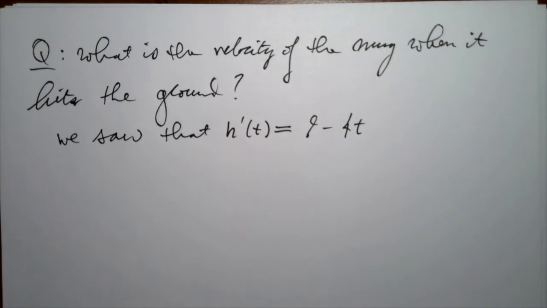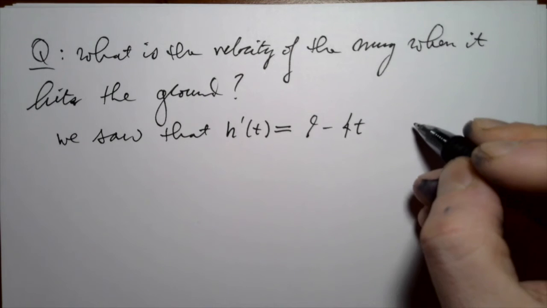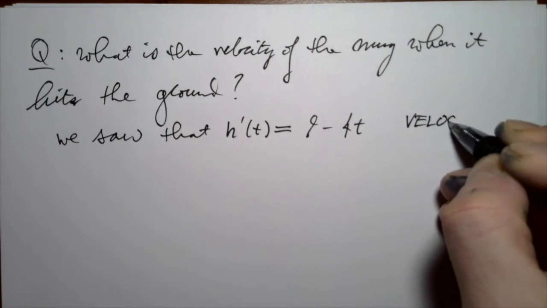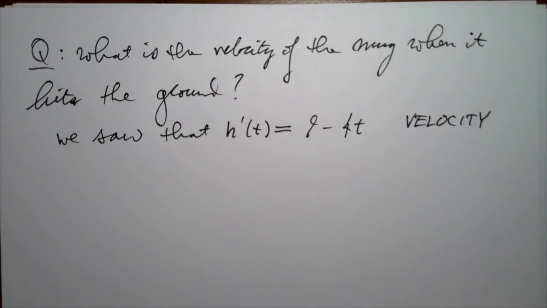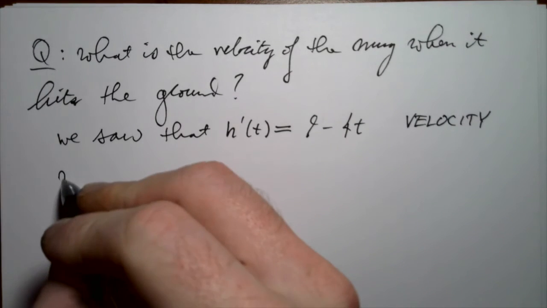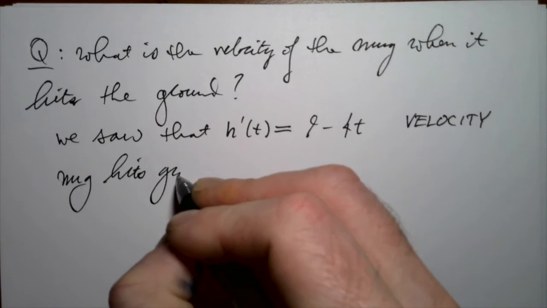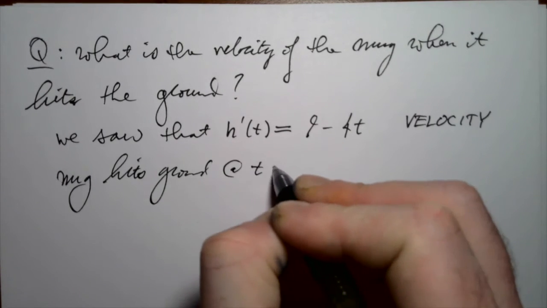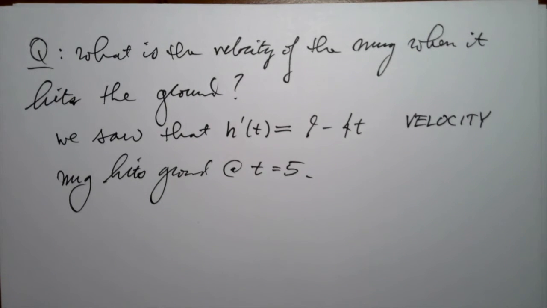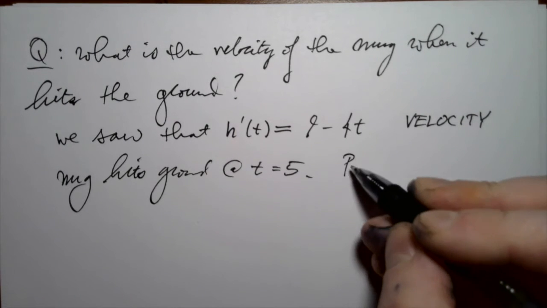We computed that earlier. So that's the velocity function. And then we just figured out that the mug hits the ground at t equals 5. So to answer this question, to figure out what the velocity is, we just need to plug in.